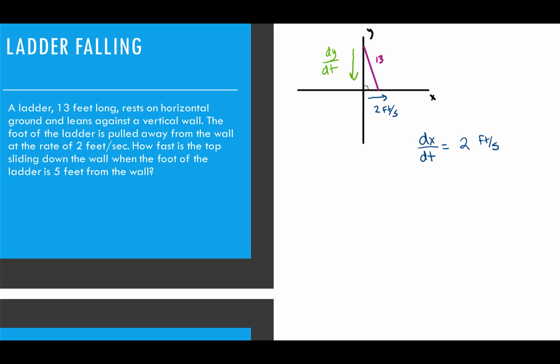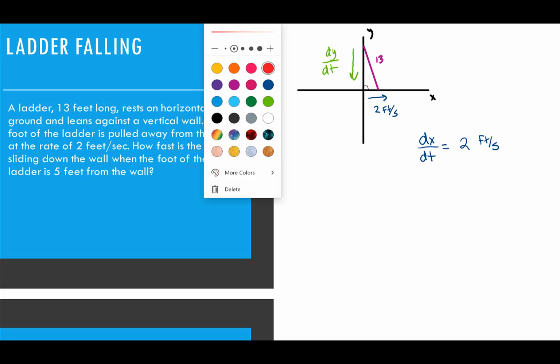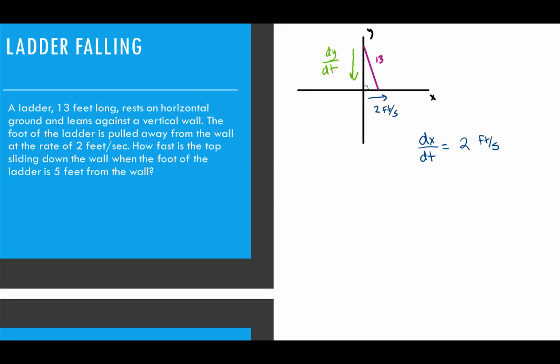as our x value is changing by 2 feet per second. And the last piece is saying when, and we have to be very careful with when. The when means wait. When equates to wait. So we're going to wait on when the foot of the ladder is 5 feet from the wall. That would mean when x equals 5, but we're going to wait on the when, okay?